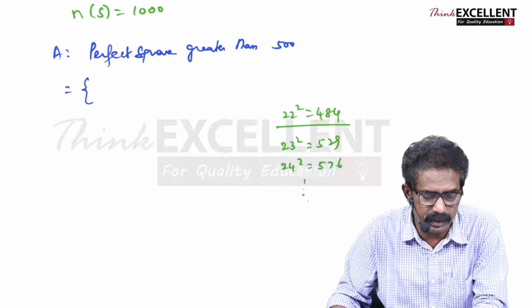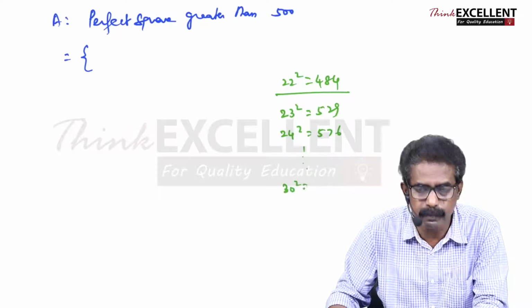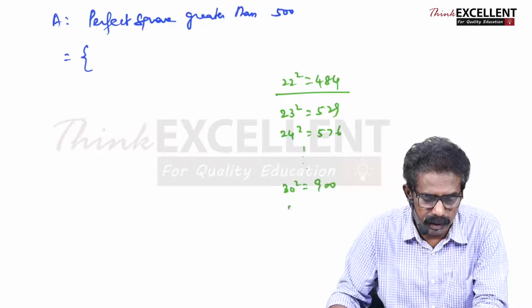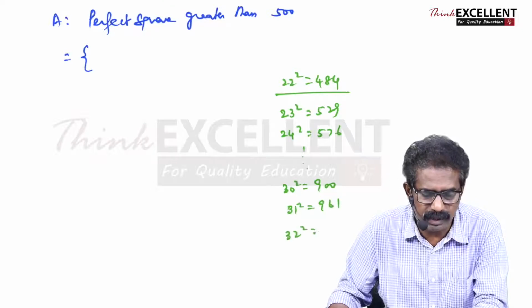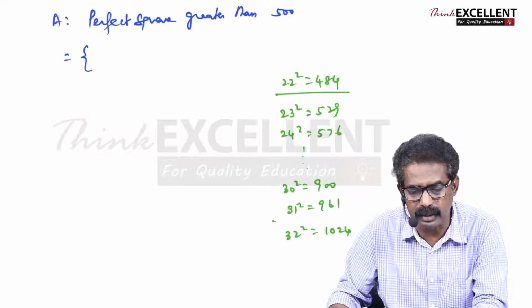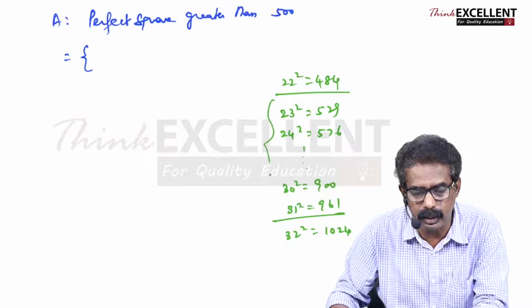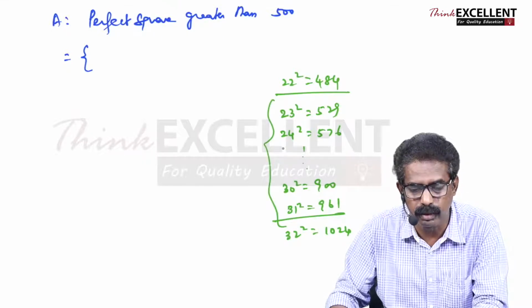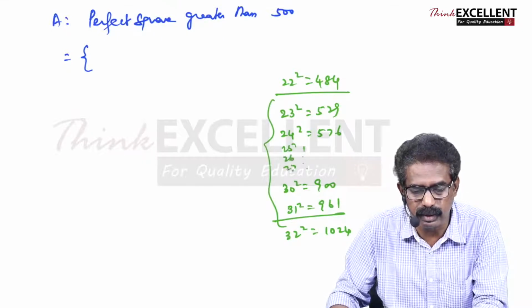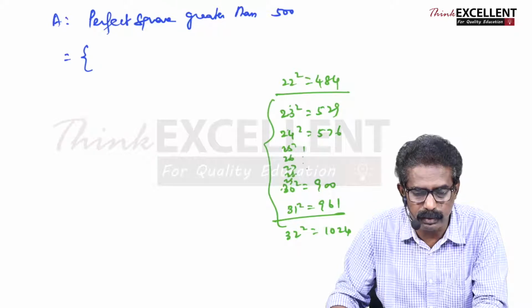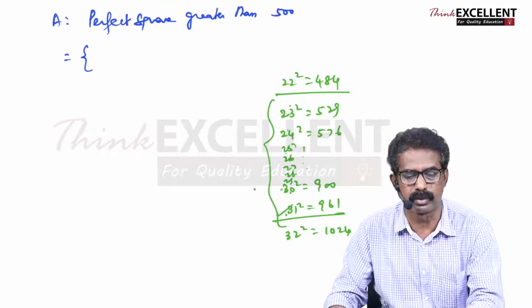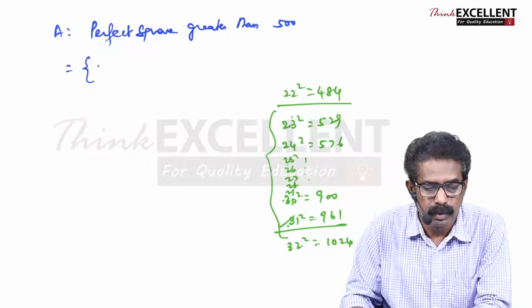It goes on like this. 30 square is 900, right? 31 square is 961. 32 square gives 1024, which you cannot take. I can take only 23 square, 24, 25, 26, 27, 28, 29, 30 and 31 square also. So perfect squares.